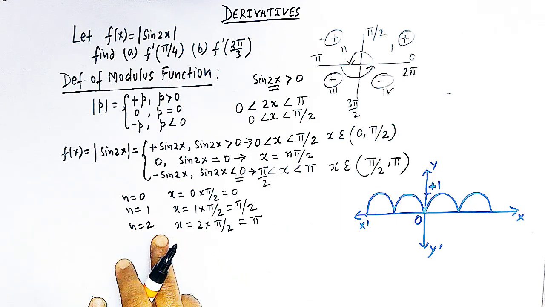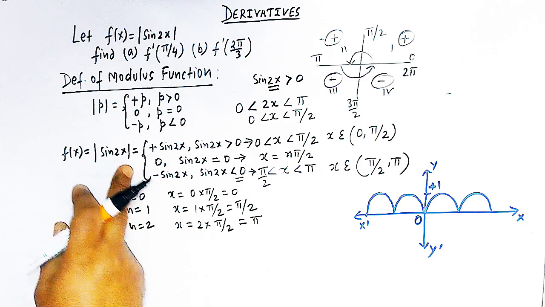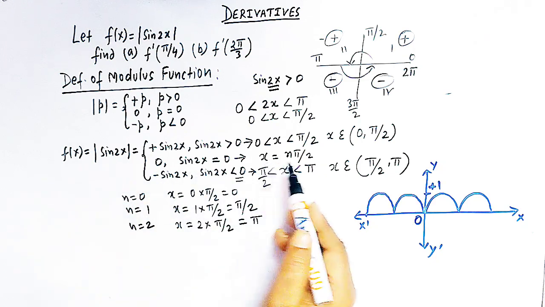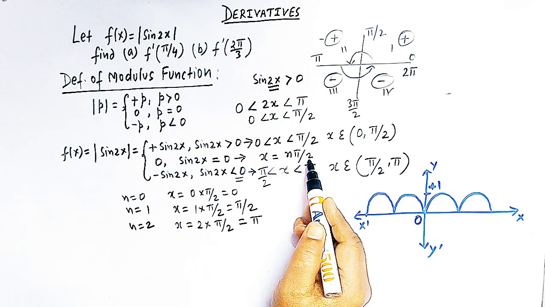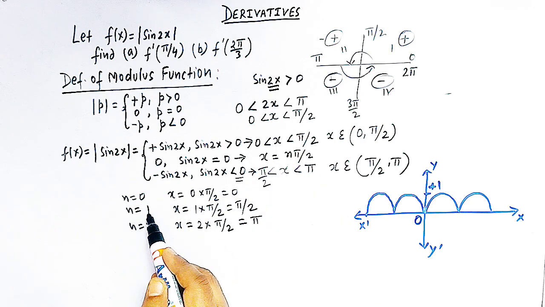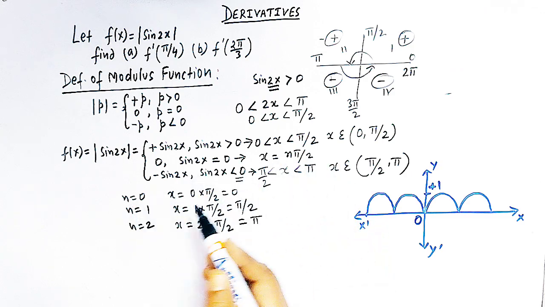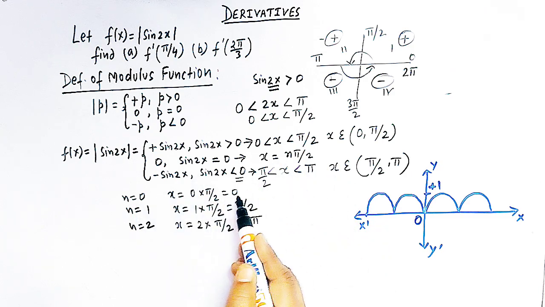So now we have just seen that |sin 2x| is equal to 0 when x is equal to nπ/2. So taking n equal to 0, 1, 2, -1, -2, we can get the corresponding values of x. So here x is 0.